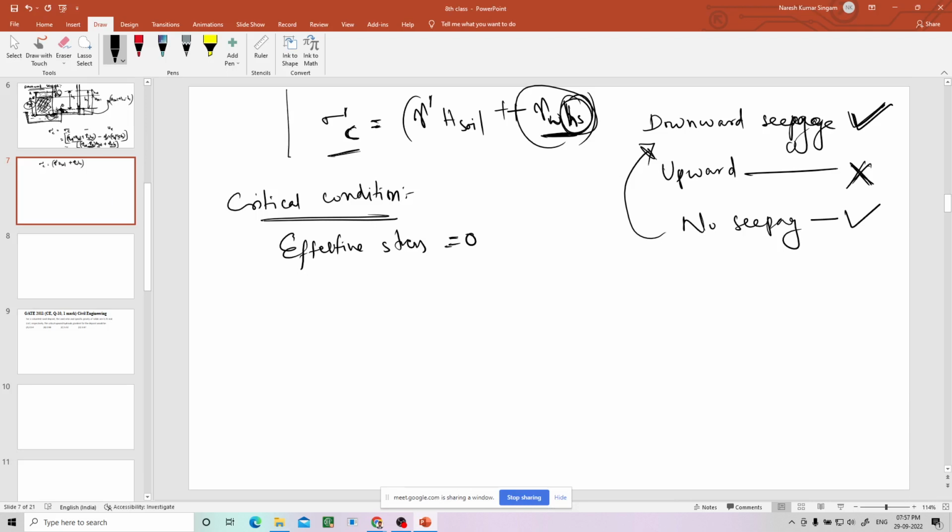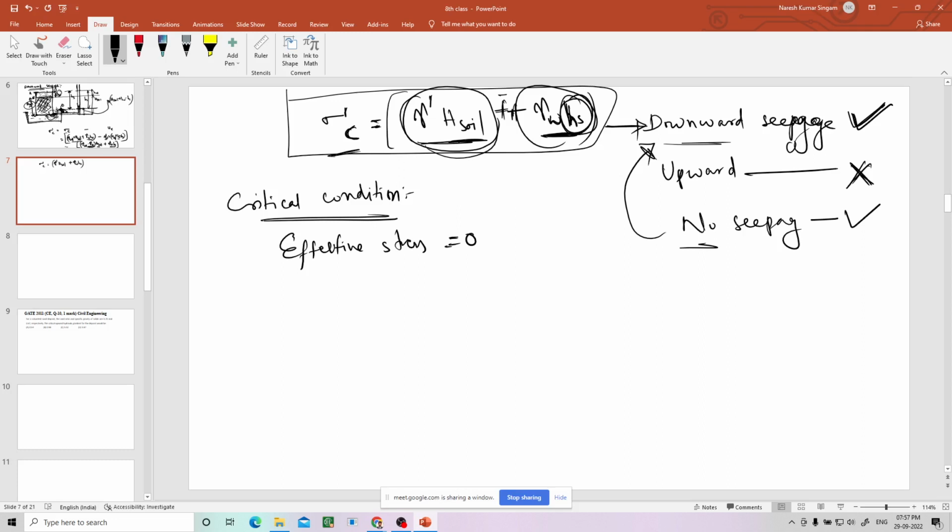So this is finally the downward seepage formula. You just have to remember that this term always exists: submerged unit weight into height of the soil, whether it is getting added, subtracted or nothing. Nothing means no seepage, added means downward seepage, and if it is minus, that is upward seepage.